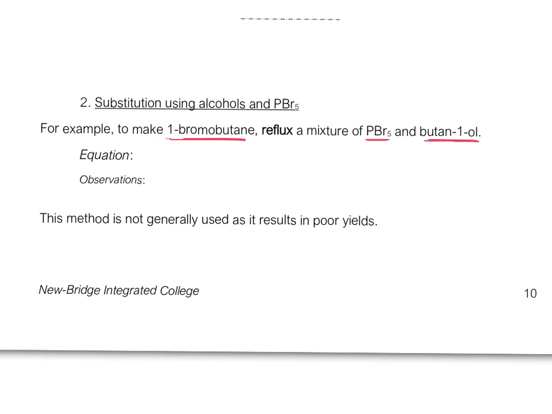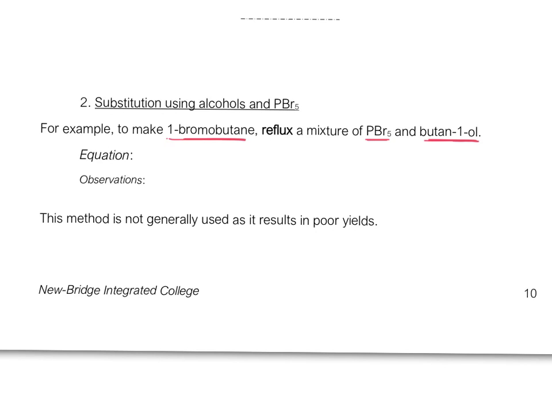We looked in the halogens topic at phosphorus pentachloride, but now this is pentabromide. Obviously, we need to use phosphorus pentabromide to get bromobutane.